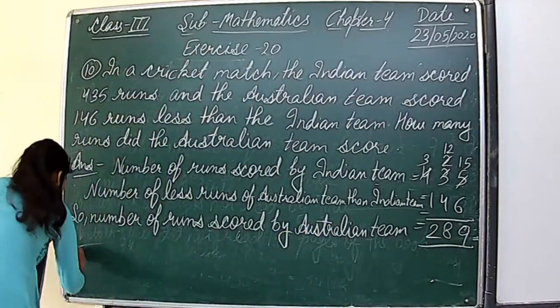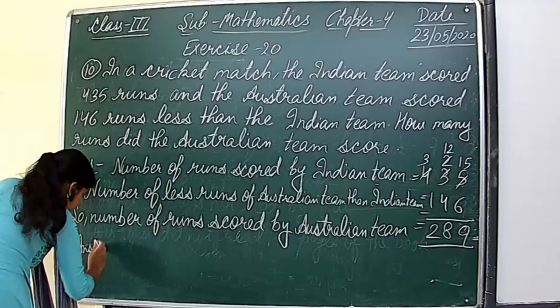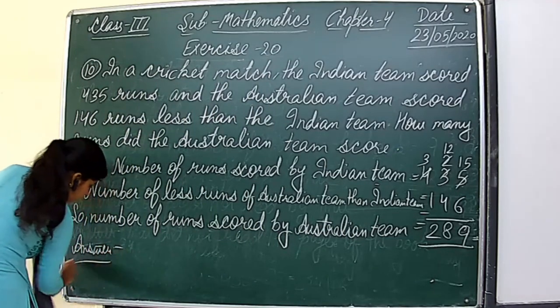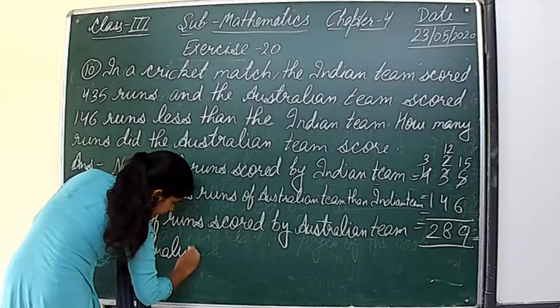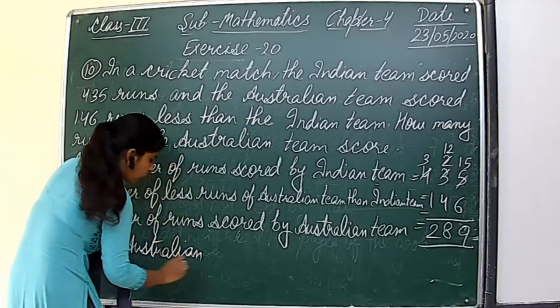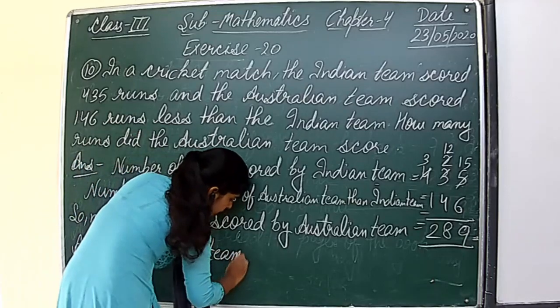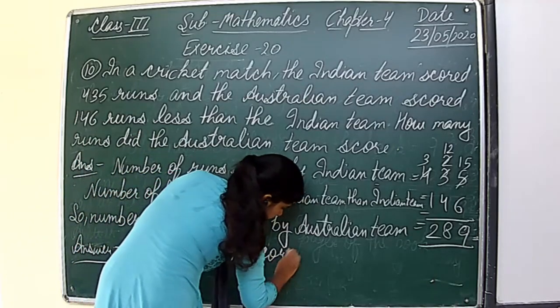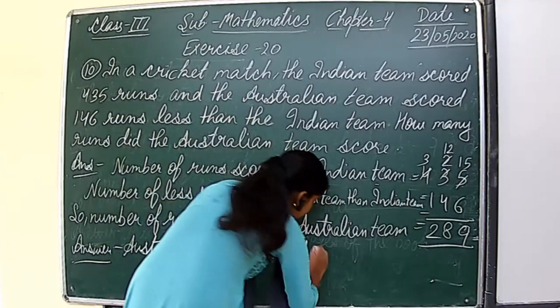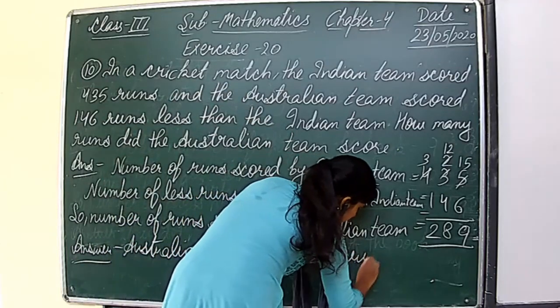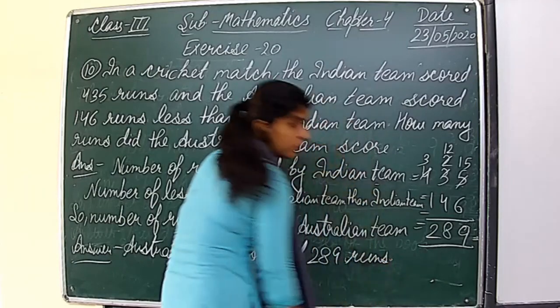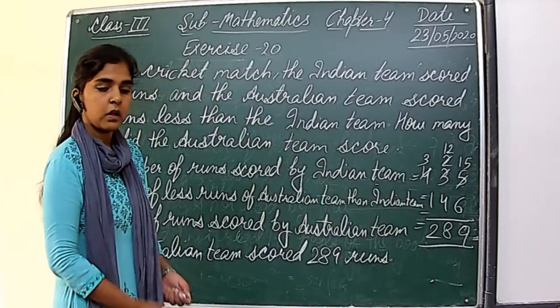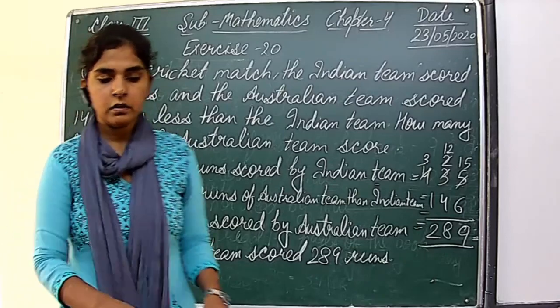So let us write the answer. Australian team scored 289 runs.